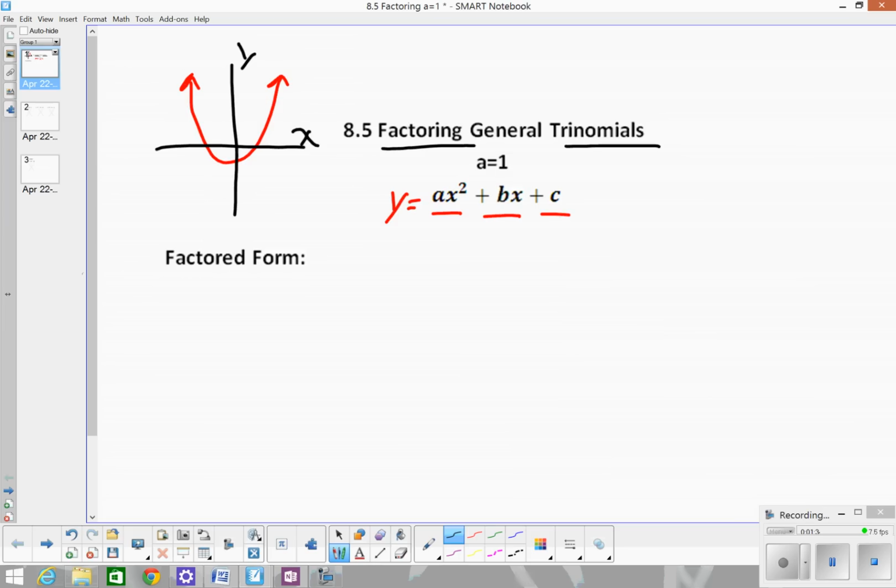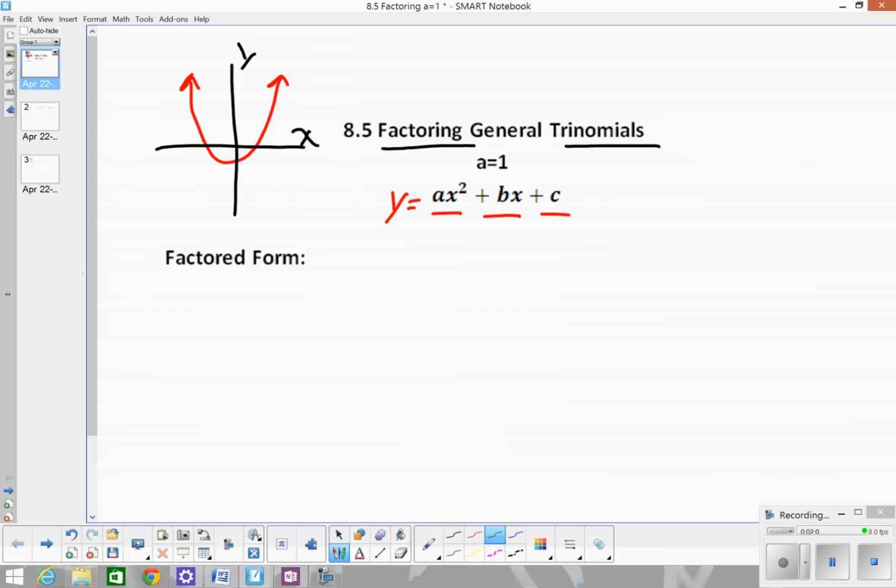The second half of chapter 8 and all of chapter 9 is going to be dealing with this U-shaped graph, which is called a parabola. Now, remember what that second degree polynomial is called. It's called a quadratic. So we're dealing with a quadratic trinomial in this case, or just a quadratic graph in general.